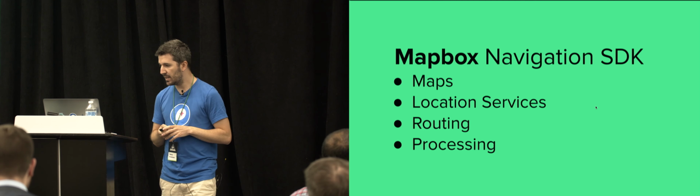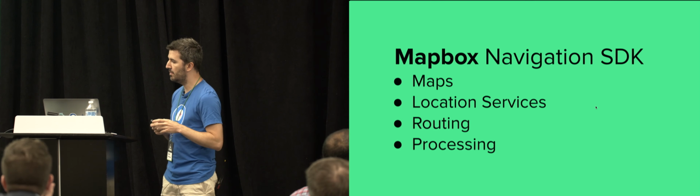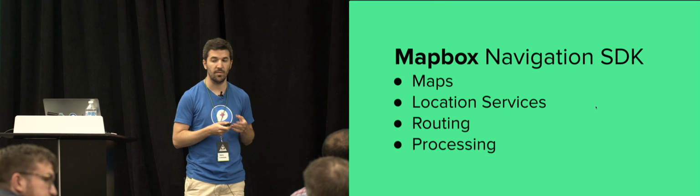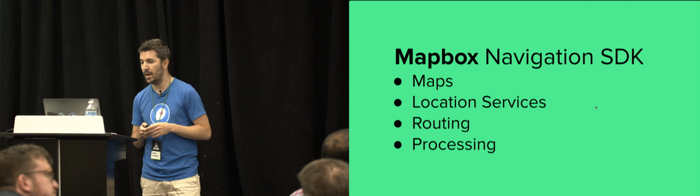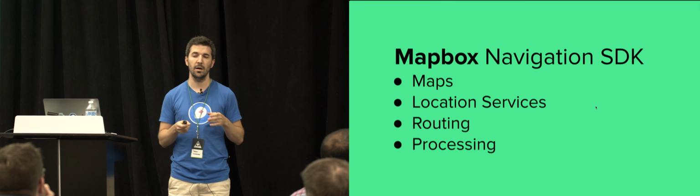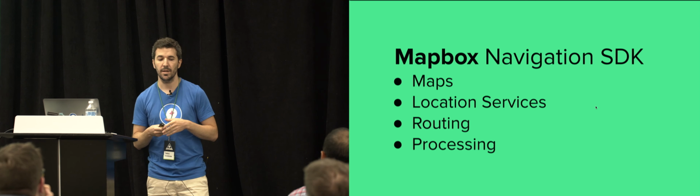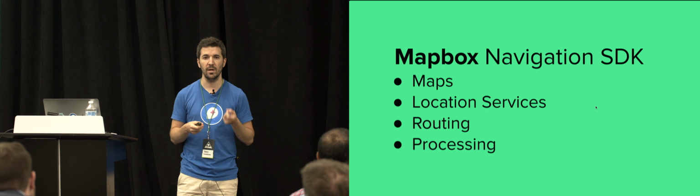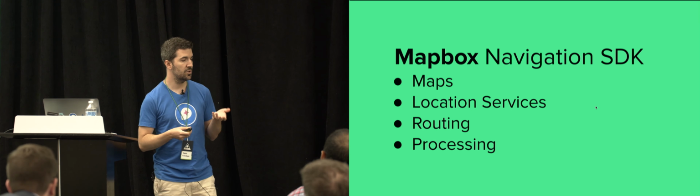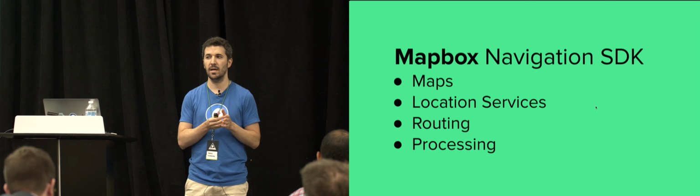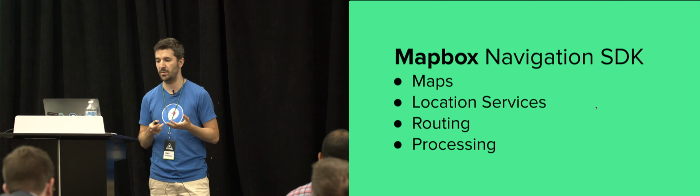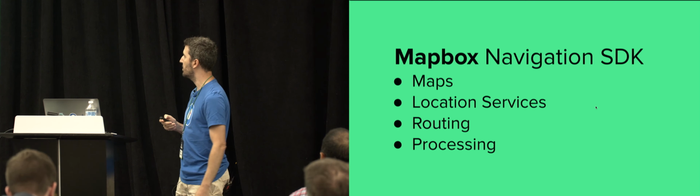And finally, and probably the most important part of the navigation SDK, is route processing. As I said, all the information needs to be processed really fast. Ideally every second. So you need to make sure that all the things that you are doing are within a second, so you give a good experience to the developers.